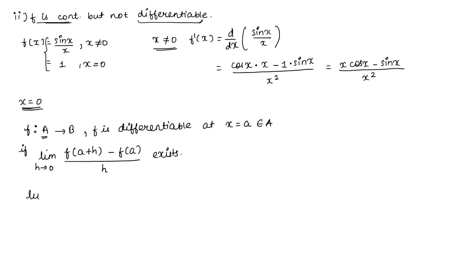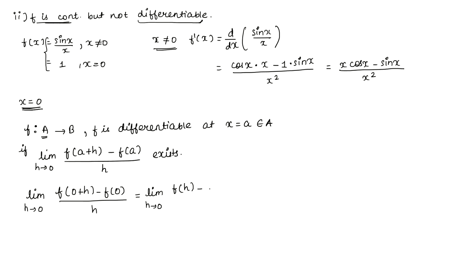So we have to evaluate limit h tends to 0, f of 0 plus h minus f of 0 by h, whether it exists or not. So this is equal to limit h tends to 0, f of h minus f of 0.